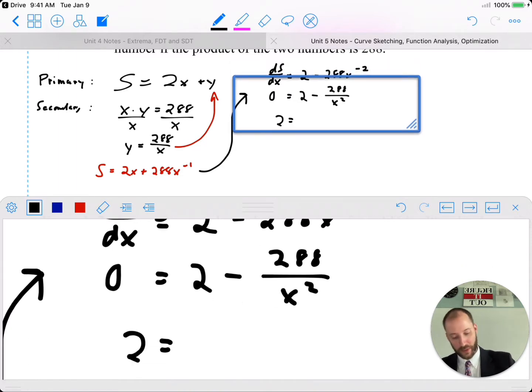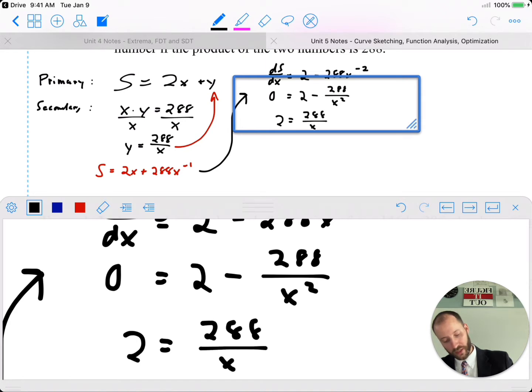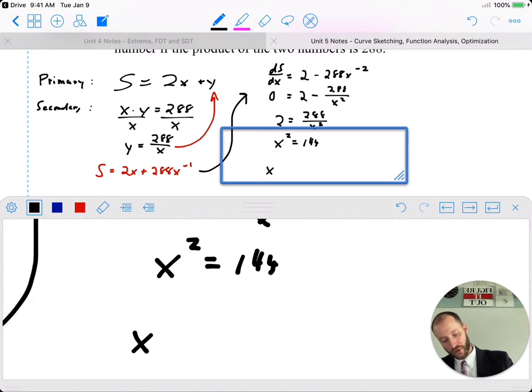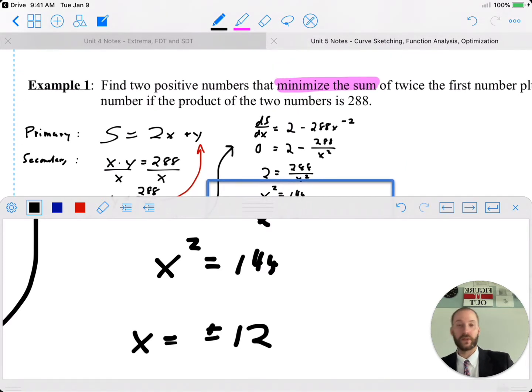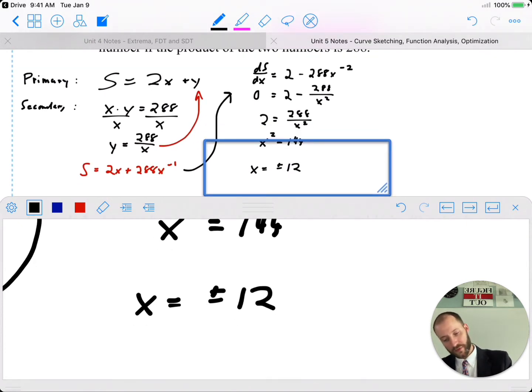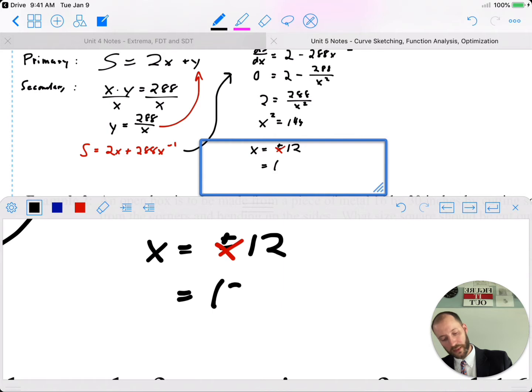x, or 2 equals 288 over x squared. x squared equals 144. Take the square root, x equals plus or minus 12. But they said two positive numbers at the start of the problem, so you don't want the negative. We only want the positive 12.